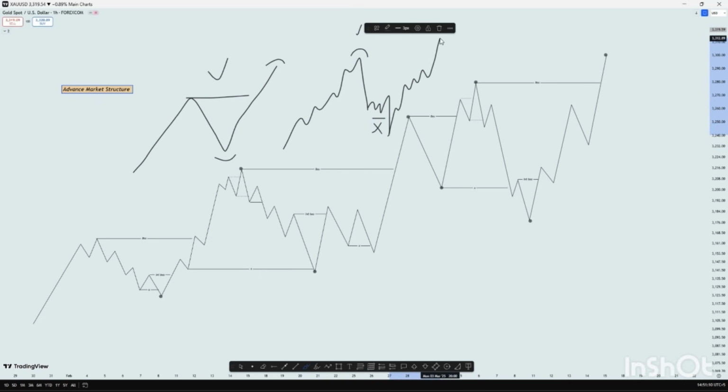The structure point we have here is an internal structure. Here we had the internal structure, these small swings are internal structure. So here too, we have divided the advanced market structure into two categories. One is the swing structure and the other is the internal structure.